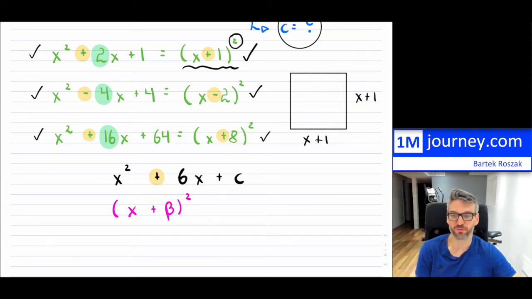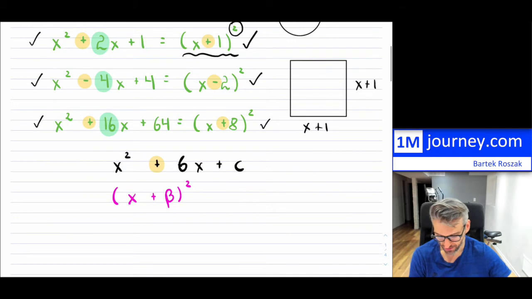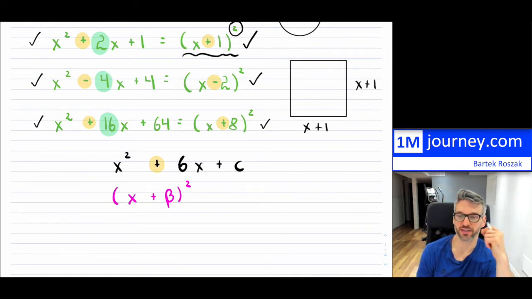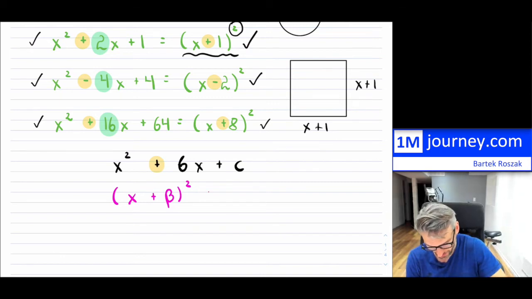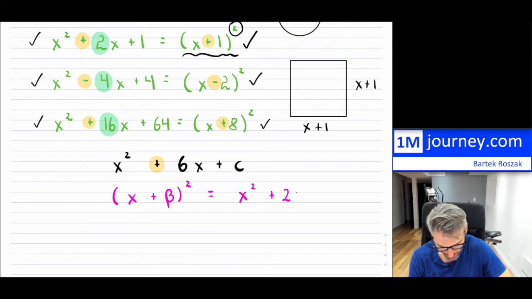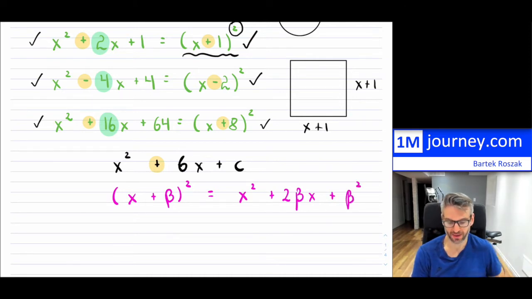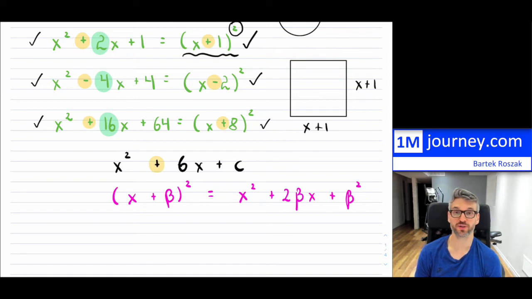I wrote a beta there, that little funny b that you see. And that beta simply is something that we want to be able to find. Now, if I would expand this entire thing, what I would get is x squared plus 2 beta x plus beta squared.